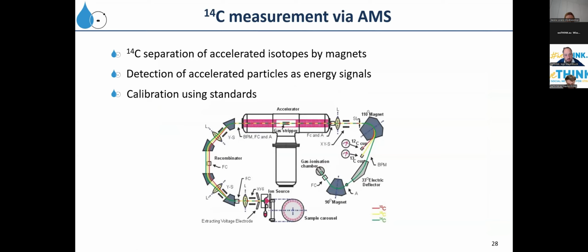Okay, the other method, so I come to the end, is the accelerator mass spectrometry.